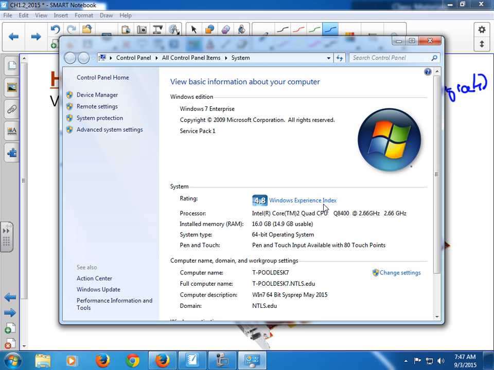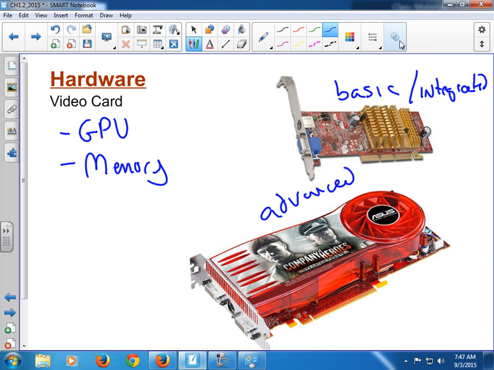In other words, I've got 16 gig installed, but 1 gig of it is going somewhere. Okay, and that somewhere is many times the video card. The video card is stealing it and saying, okay, I'm going to use this, you don't get to use it anymore. So if you get a really basic or integrated video card, you may think you have one amount of memory in your computer when really the computer gets to use a different amount of memory.